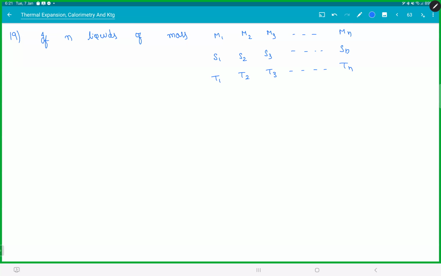So masses are different, S is different, temperature is different, all are mixed. Find the final temperature. You can't tell who is gaining, who is losing heat. So how do we approach this? Think for a minute, then I'll show you. What we get here will be a general solution. So tomorrow, if they give 7, 8 liquids to mix, you can also use this formula.